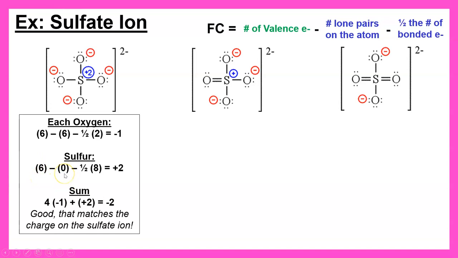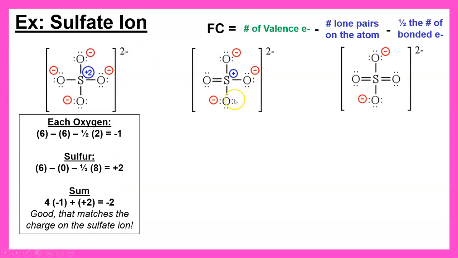There were no lone pairs. There were 4 bonds, 4 single bonds, so it got half of those electrons. So 6 minus 4 is +2. And we double check that it adds together to give us our total charge.